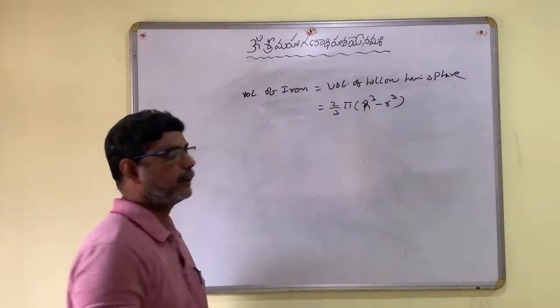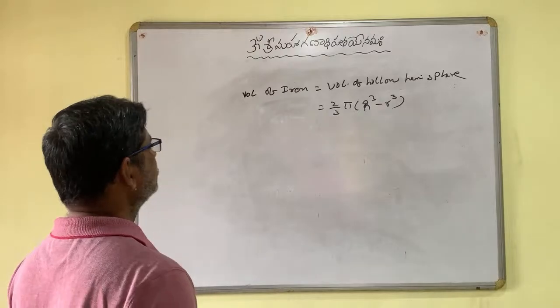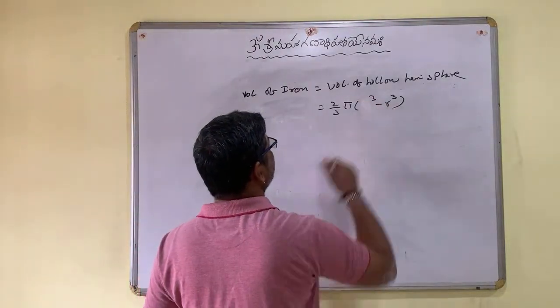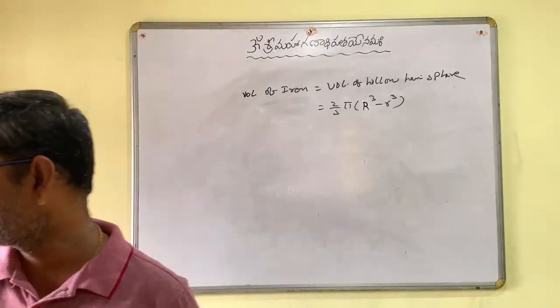Note down this formula: 2 by 3 pi capital R cube minus small r cube, the volume of a hollow hemisphere.